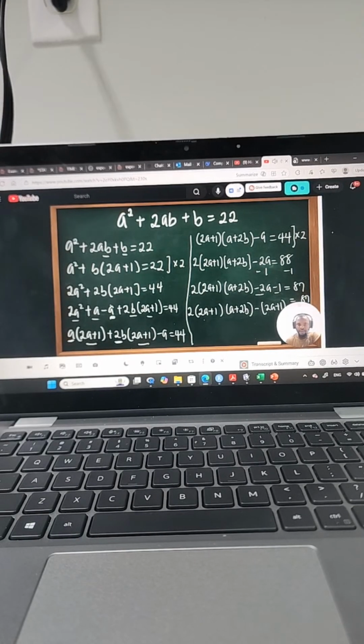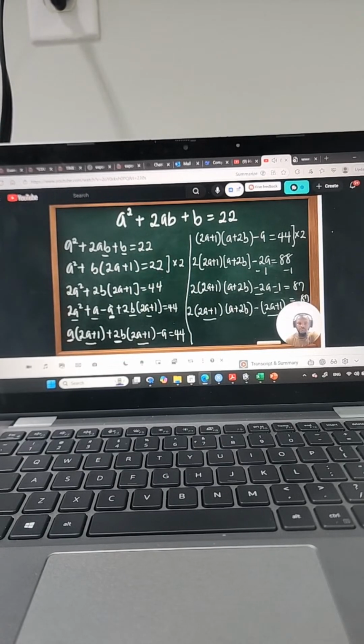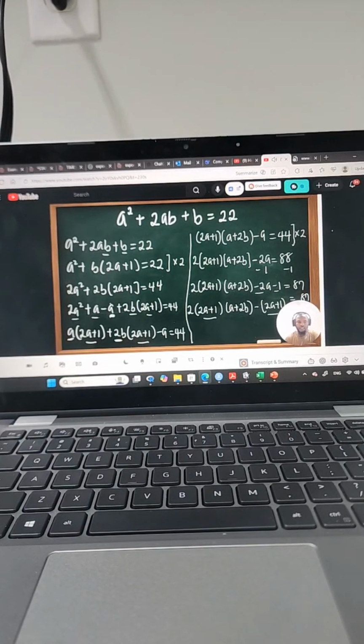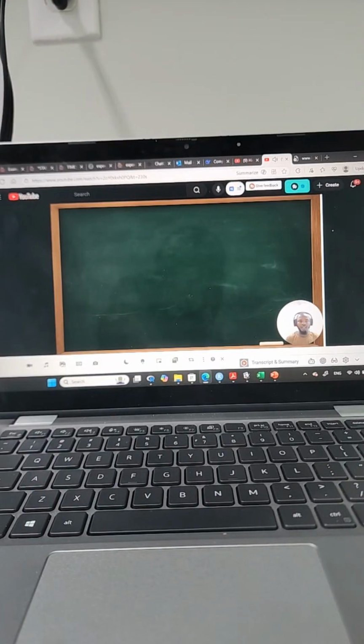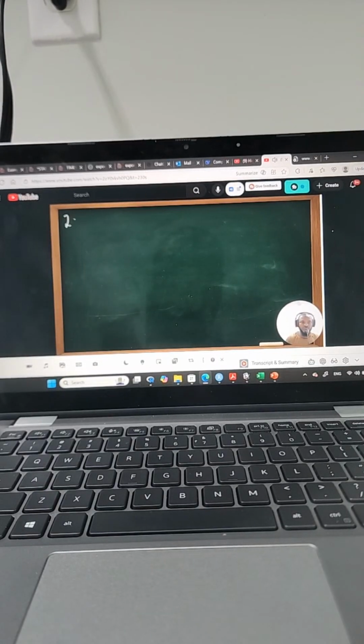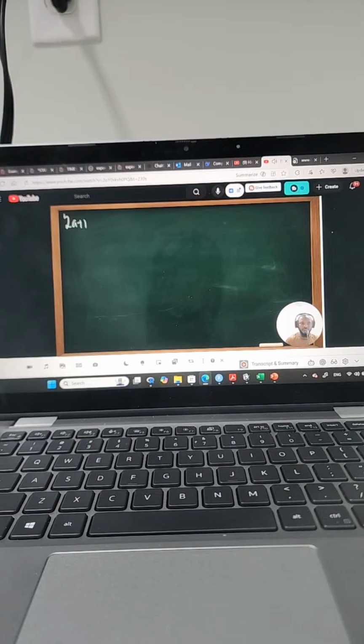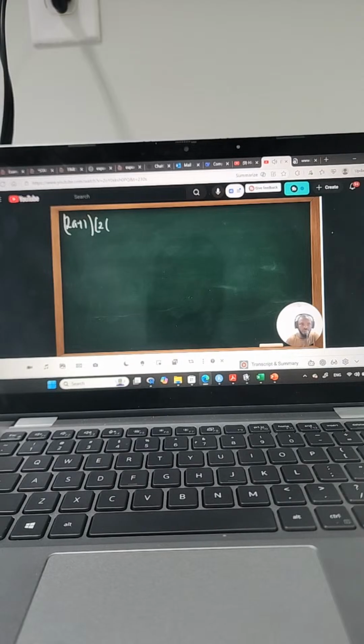Now, from here, 2a plus 1 is common. So we're going to factor that out in the next slide. So here, we factor out 2a plus 1. I'm going to be left with 2 into parentheses a plus 2b minus 1, which is equals to 87.